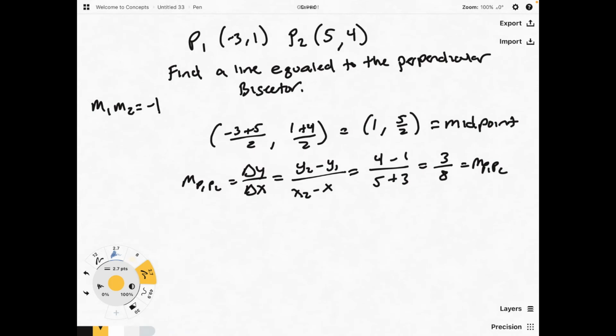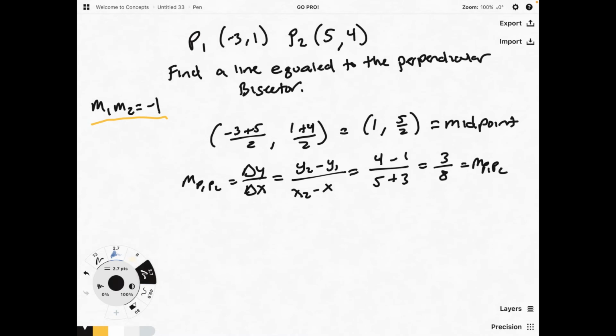Now that we know the slope of the line that goes through the points -3, 1 and 5, 4, if we want to find a line perpendicular to that using this equation, all we need to do is plug this value, 3/8, into that equation.